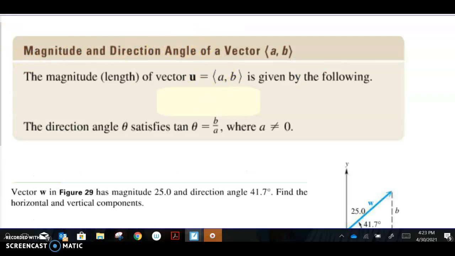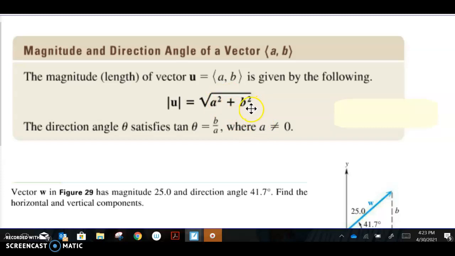There's always magnitude and direction that goes along with every vector of this form. When you see vector <a, b>, they mean it starts at (0, 0) and ends at (a, b). The magnitude is simply the square root of a squared plus b squared. Doesn't this look familiar?